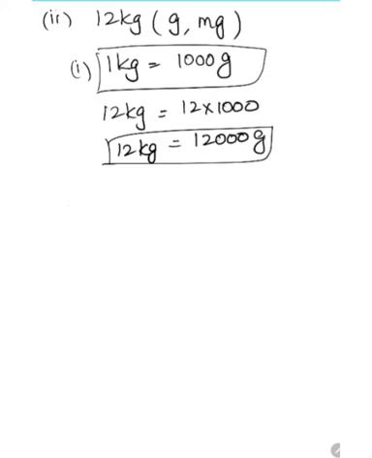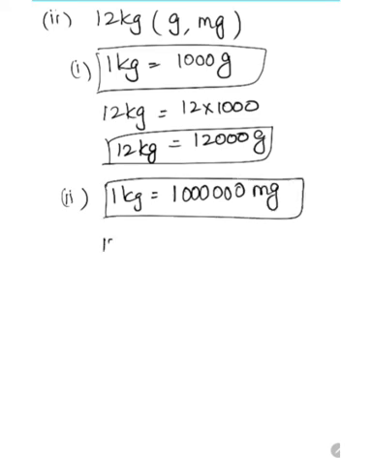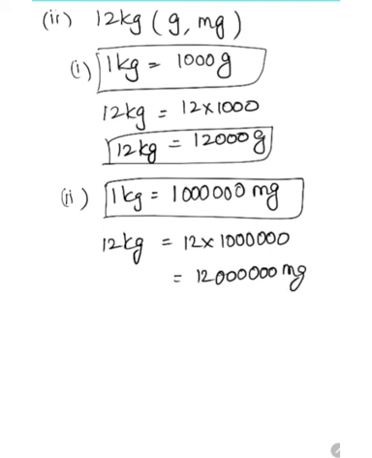Then second one, 1 kilogram is equal to 1, 2, 3, 4, 5, 6 zeros milligram. 12 kilogram is equal to 12 into, multiply this. So this is the answer of this question.